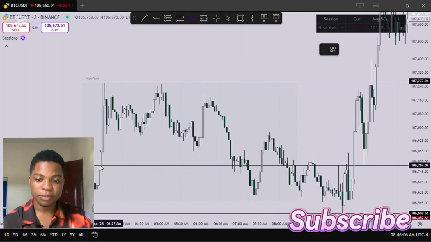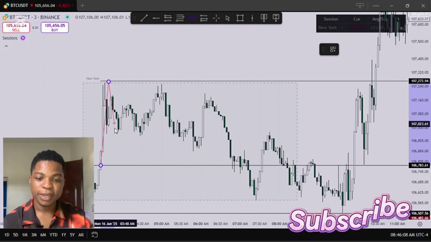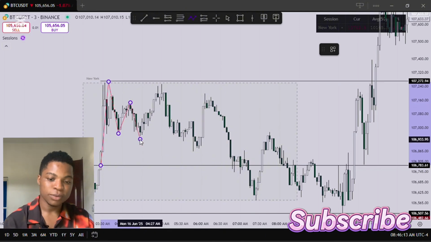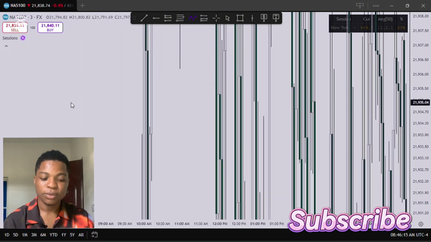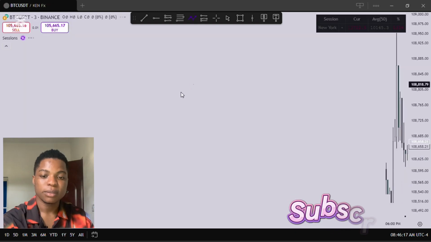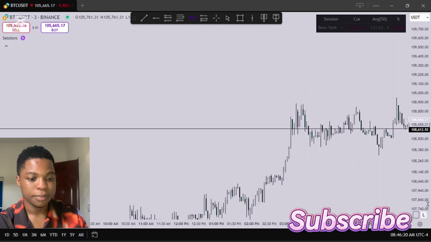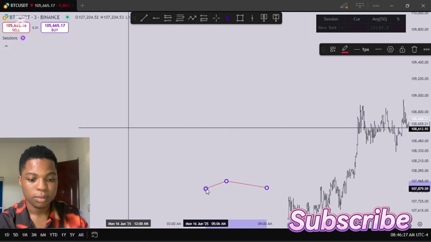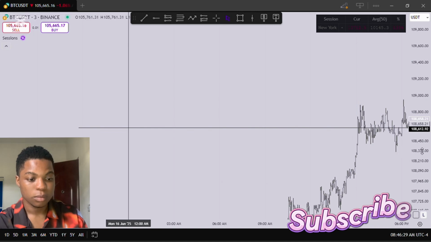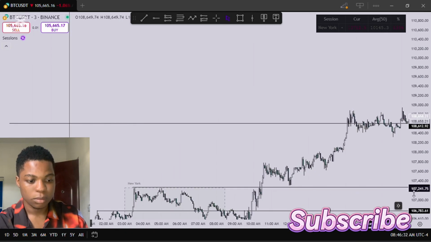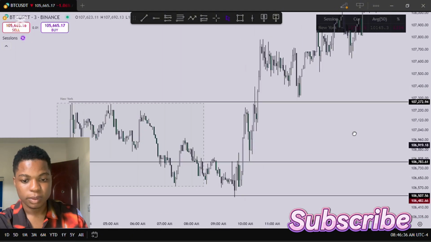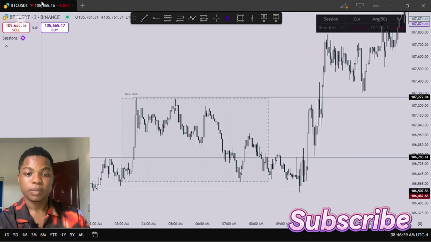The market pulled up after the break, pulled up to this point, came back here, pulled back, then broke this low, which is a change of character for me.